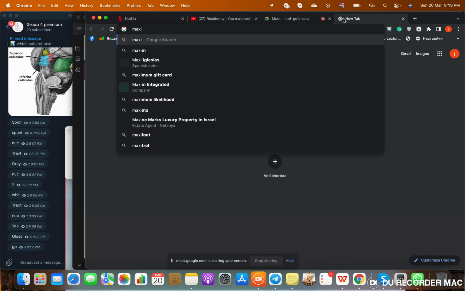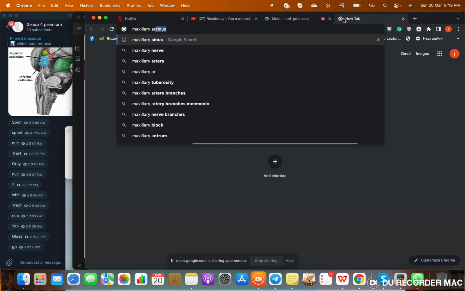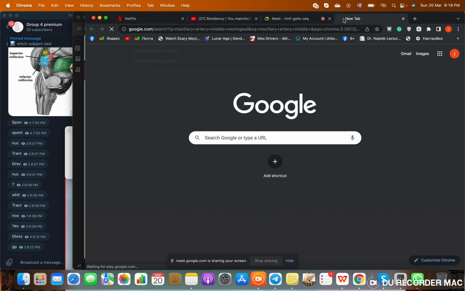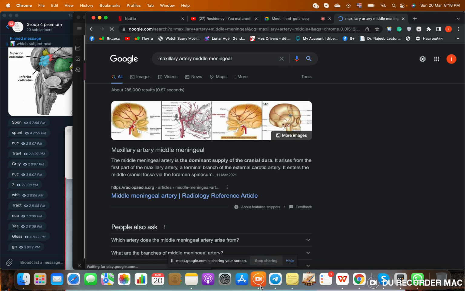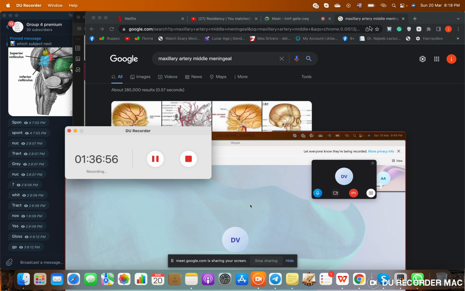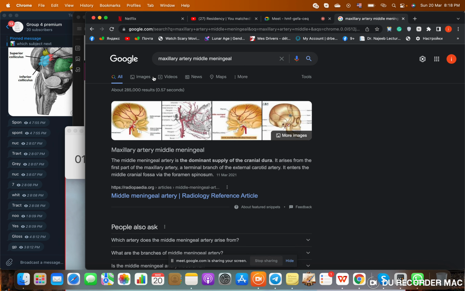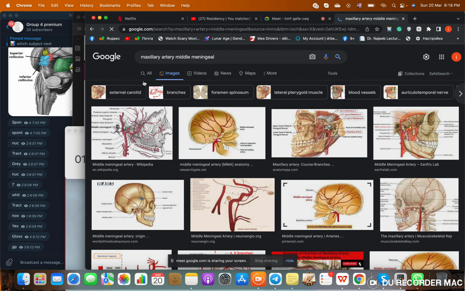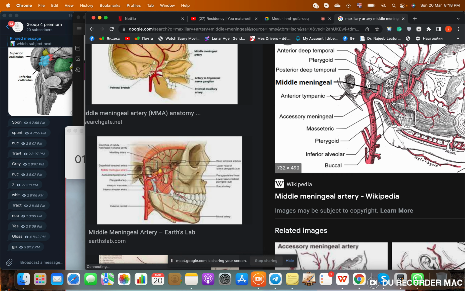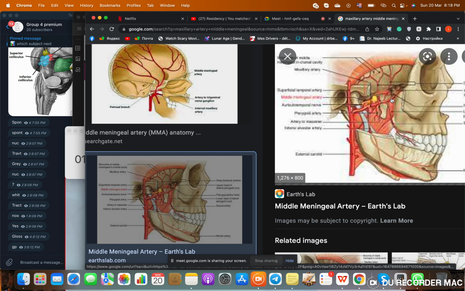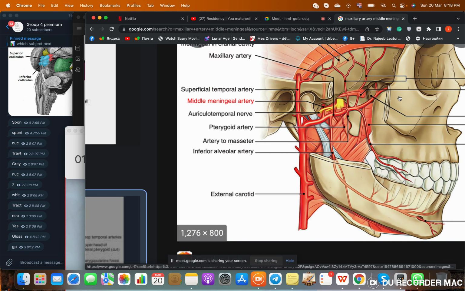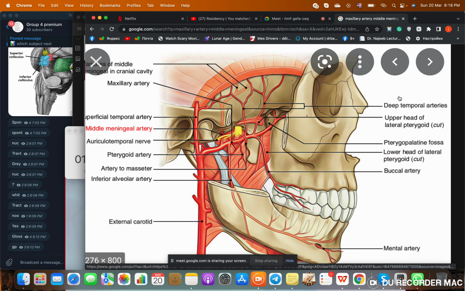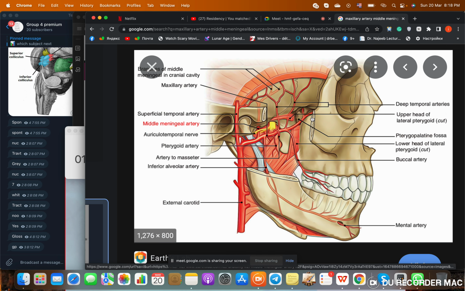but this is a pretty interesting type of artery. Why? Because the maxillary artery has this branch. Okay, so if you speak about the maxillary artery, we have a branch of it that goes right here. So from it, it goes something like this. So you can see this is the maxillary artery, and from the maxillary artery, we have a few branches. Just a moment.